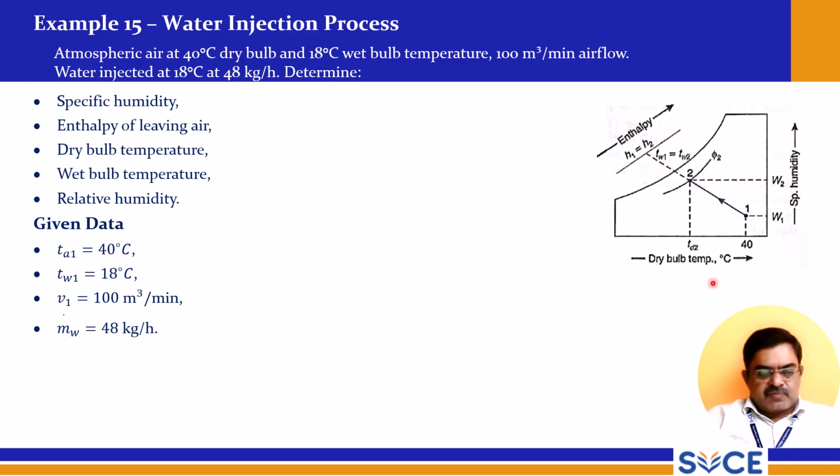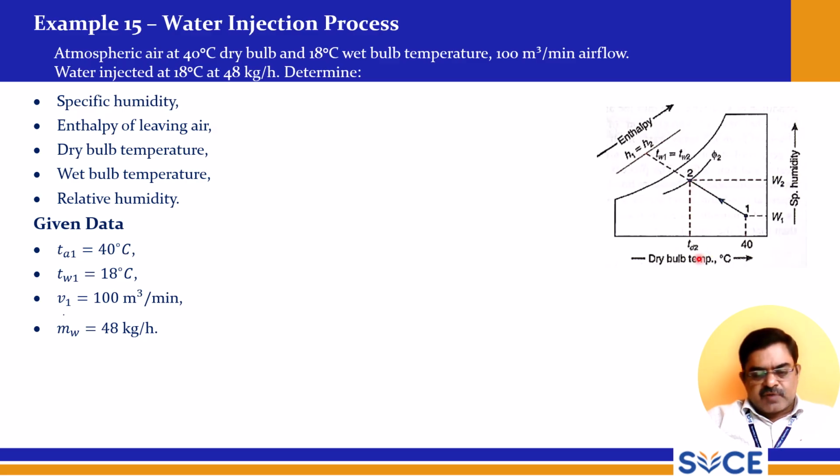So TA1 equal to 40 is given and TA2 is unknown, and from TA1 we draw to this point 2. TW1 is 18, the wet bulb temperature is 18 degrees Celsius. Once we draw this, it will intersect at point 2.